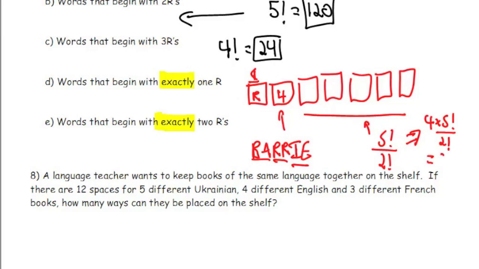And multiplying everything together, if there was a possibility of 1 for the r, 4 for the second, and then 5 factorial over 2 factorial for the rest, this all goes together to give you 4 times 5 factorial over 2 factorial, which equals 240 permutations.